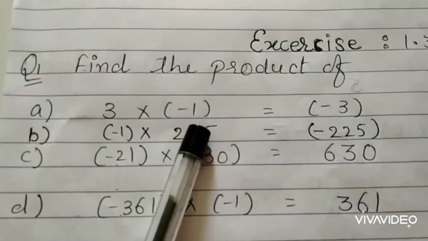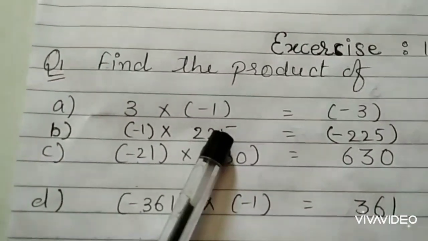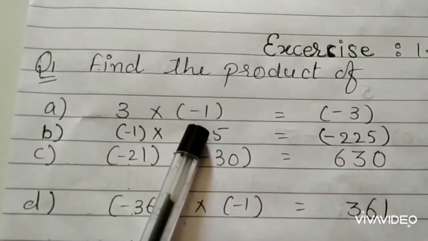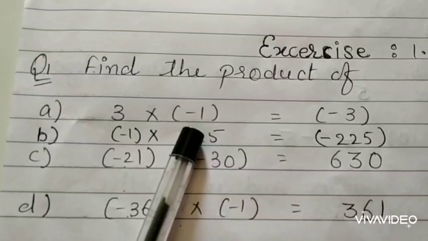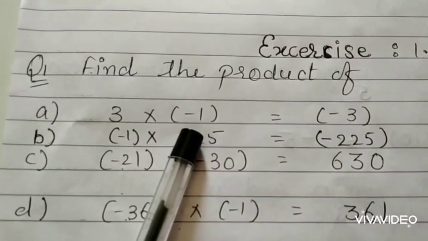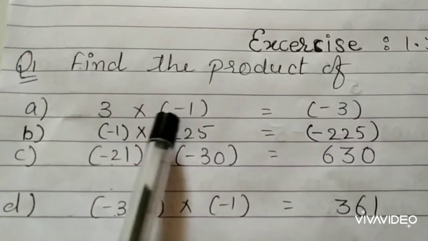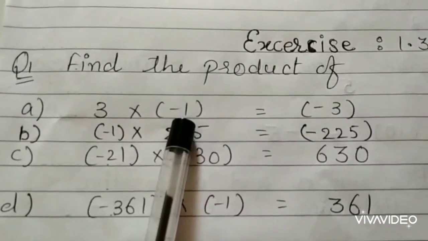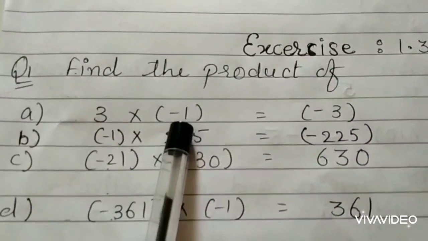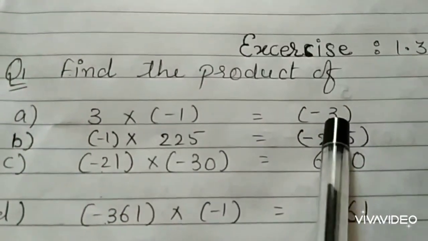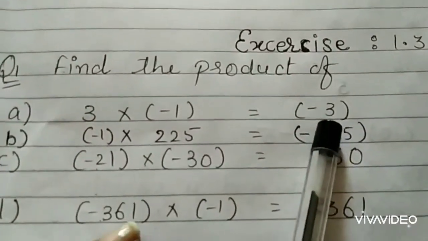As we have earlier discussed, if like signs are there, then the answer will be positive. If unlike signs are there, then the answer will be negative. Here we can see that one is positive, one is negative. That means unlike signs. Your answer will be negative. 3 multiplied by 1 is minus 3.